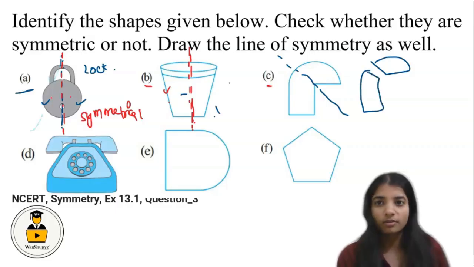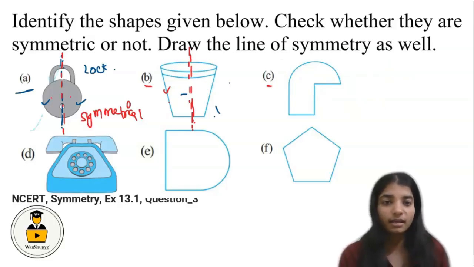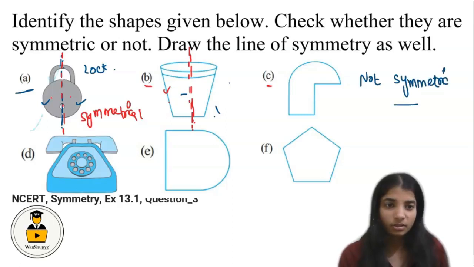Both are different. So this is also not a line of symmetry, and whichever line of symmetry we take, we never get identical shapes. So we can say that this image is not symmetric. So this is the answer to part C, that part C is not symmetric.